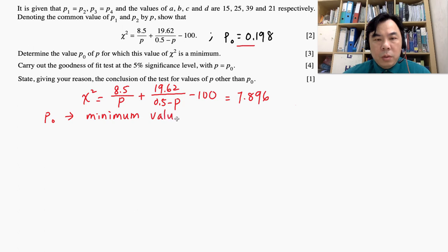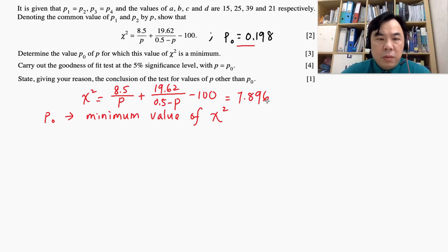Bear in mind, this value, with p naught, would actually produce the minimum value of chi-square. So this value that we have already obtained is the minimum value for the p naught that we have already found, 0.198.